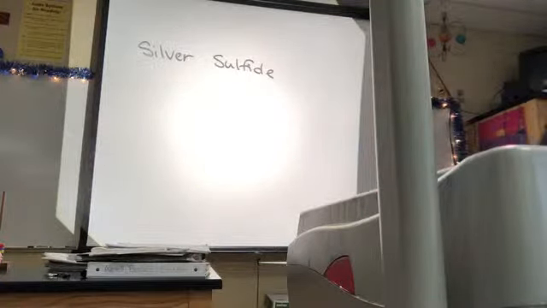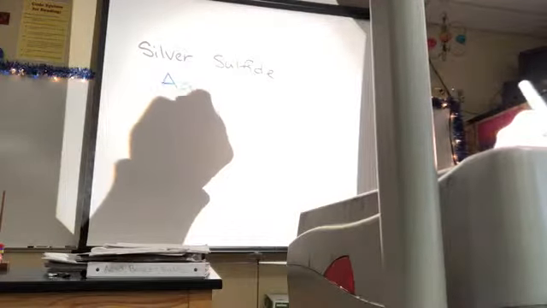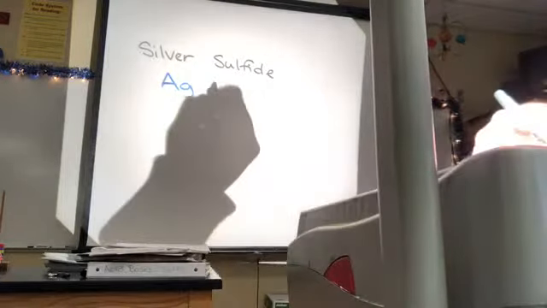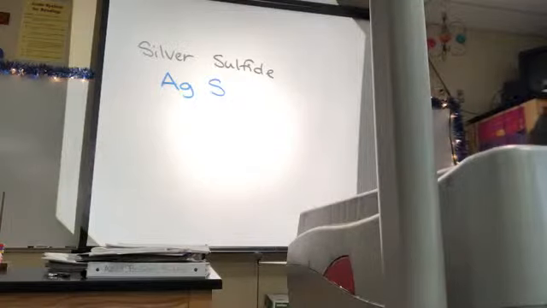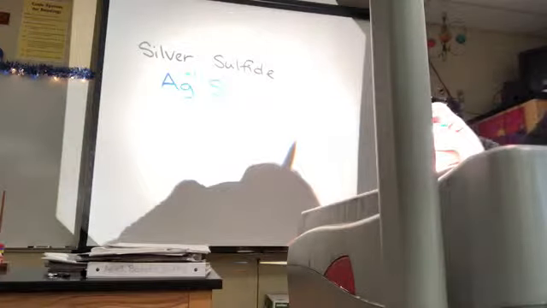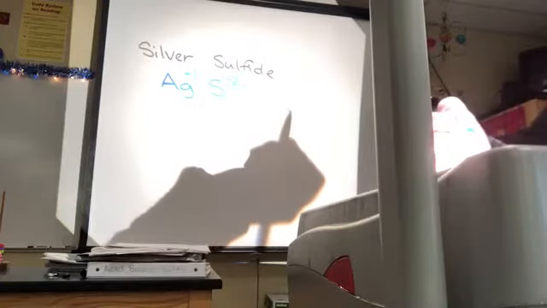What is silver's symbol? Ag. Well, good job. And what's sulfur's symbol? S. Good. Now let's write the charges. What's silver's charge? +1. Well done. And what is sulfur's charge? -2. Does everyone see where we're getting these numbers from?